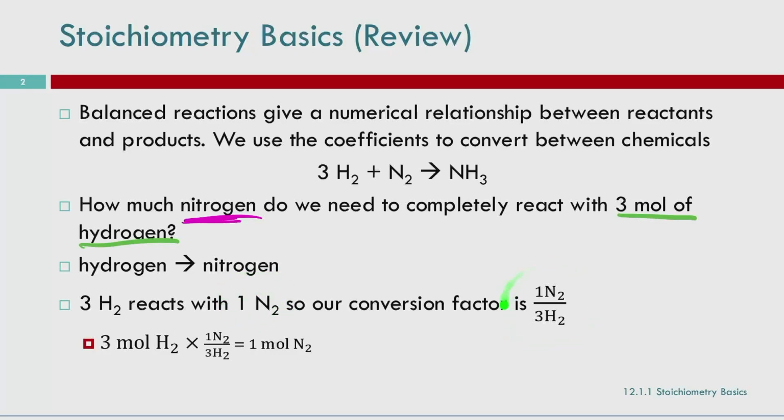Our conversion factor is the ratio, the stoichiometric ratio. I usually just call it a ratio. So our conversion factor is that we would need 1 nitrogen for every 3 H2 that we have. And our solution map would look something like this, bottom line.